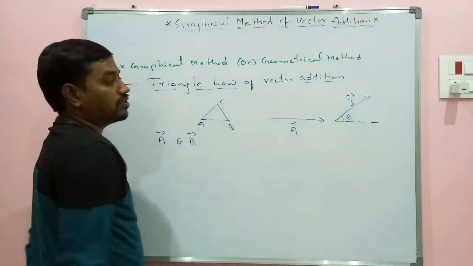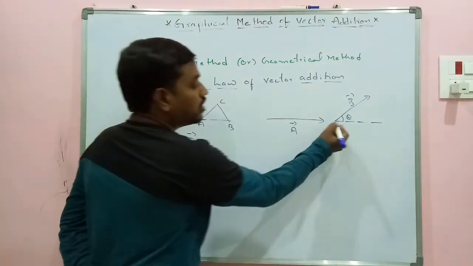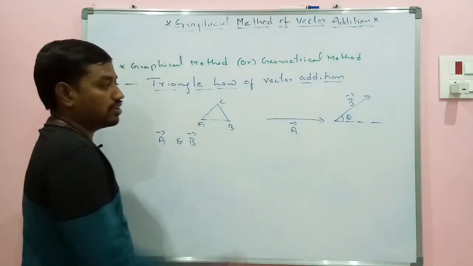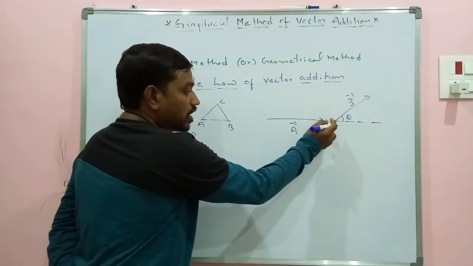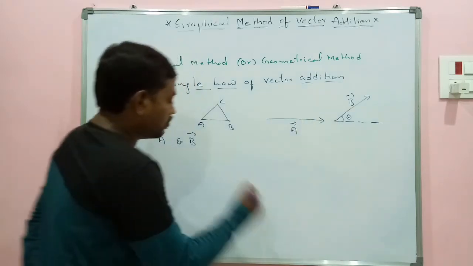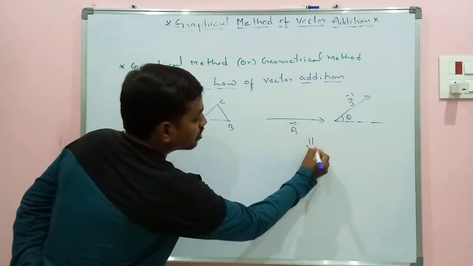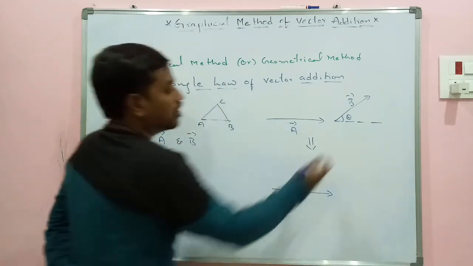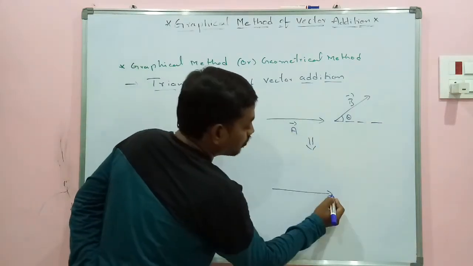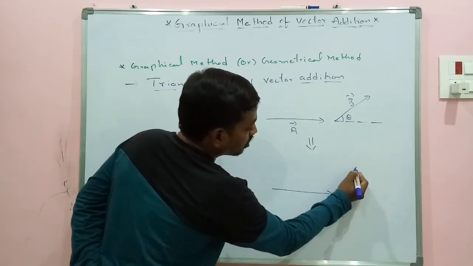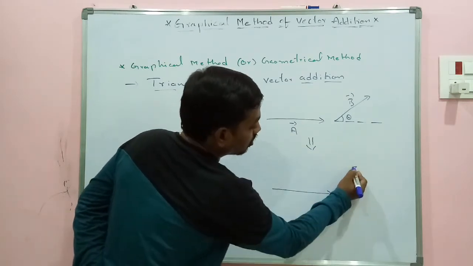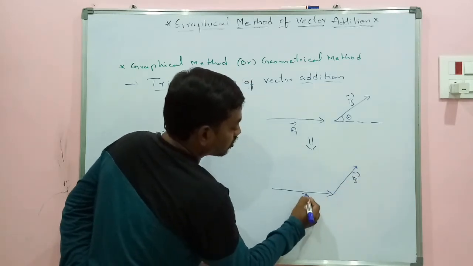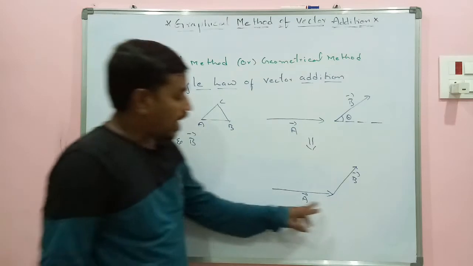We have to join them in such a manner that the tail of vector B touches the head of vector A. This is vector A, there is no change. If I bring vector B nearer to the head, with the same angle, this is vector B. Now vector A and vector B are in one order.